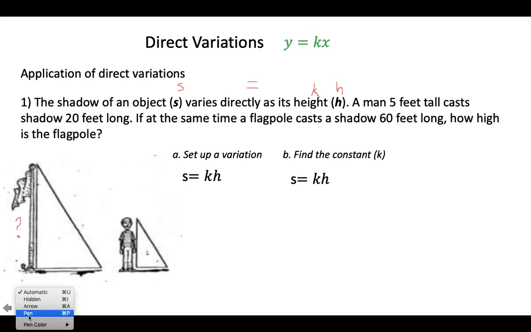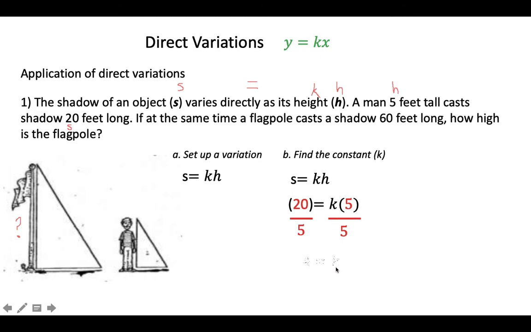The available givens are 5, which is the height, and 20, which is the shadow s. So s is 20 and h is 5. We isolate k by dividing both sides by 5, and finally, k is 4.